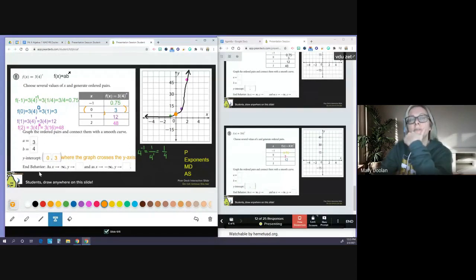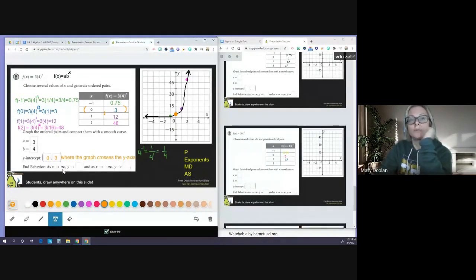Last thing here, end behavior as x approaches infinity. Try to use a different color. Use some yellow. As x approaches infinity, y is approaching what?